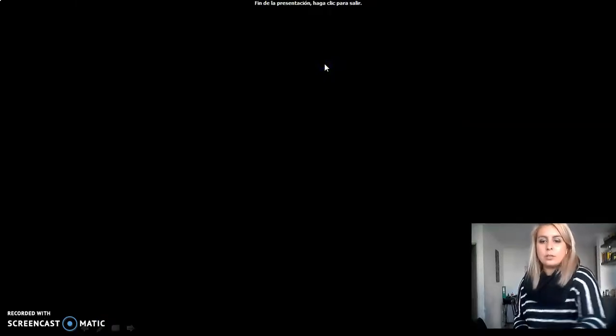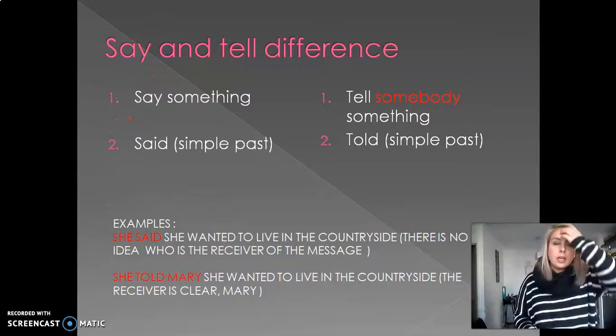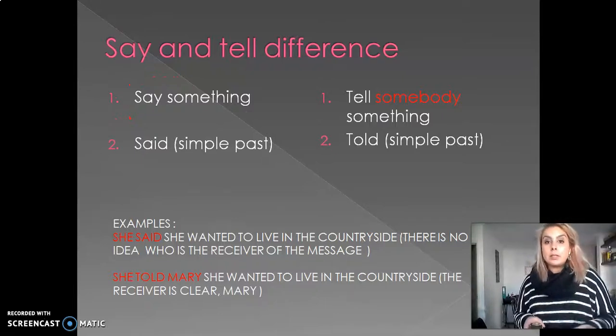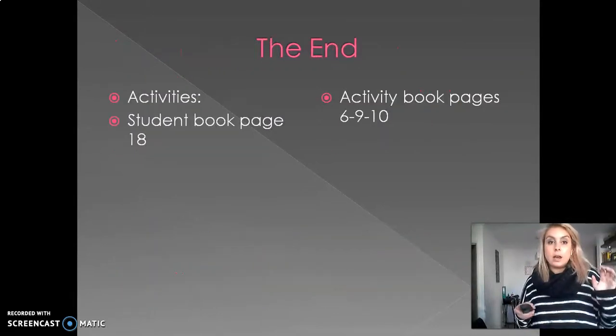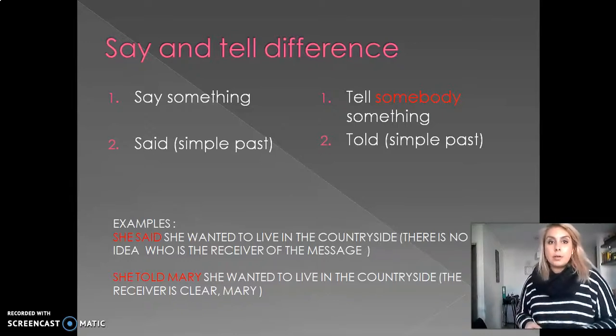Okay, so we are, I'm sorry. There we were. We are going to see the difference between say and tell. These two verbs are very important for the reported speech because we always start with say or tell. Vamos a ver la diferencia entre say y tell, que son dos verbos que usamos mucho en el reported speech. Principalmente para comenzar la oración.